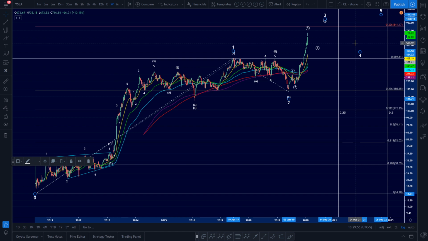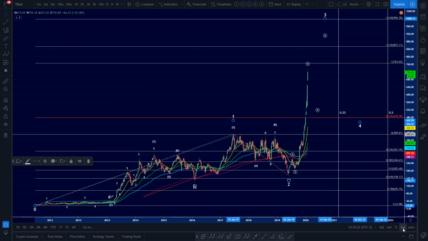And again, this could take years for that to occur. We have gone from 2010 to 2020. So we've taken a look basically at a decade of price action to complete 1, 2. So naturally, it's going to take us a while to complete this third wave, which obviously for bulls leads to much higher prices. But we're still looking at a logarithmic scale.